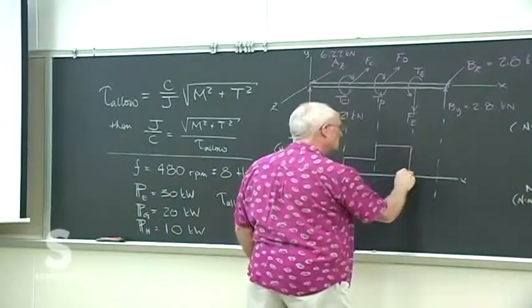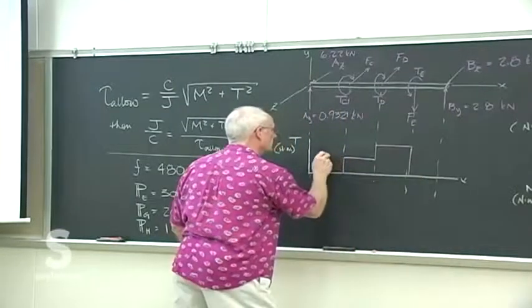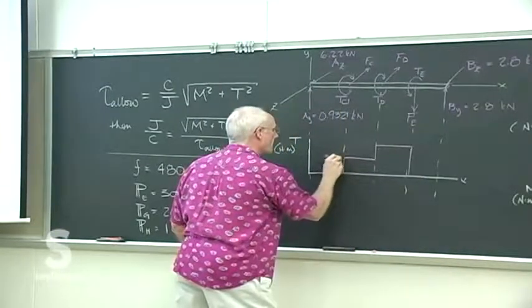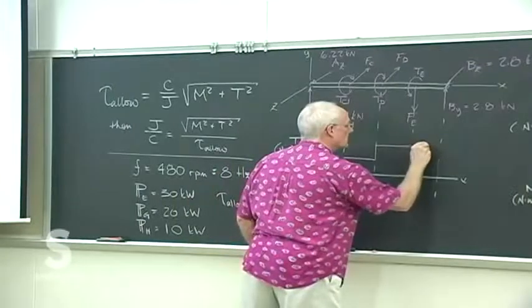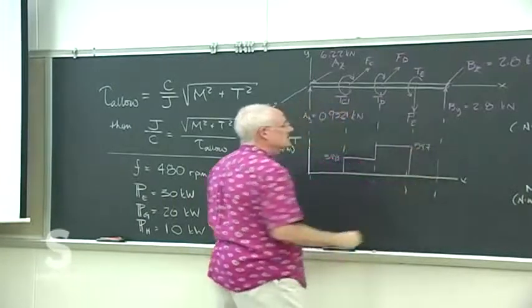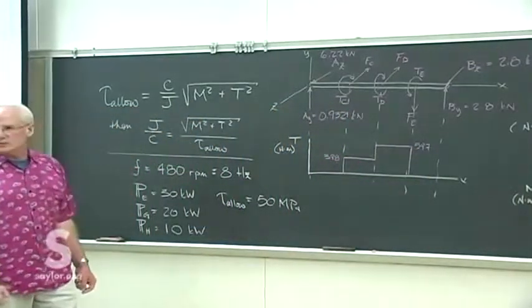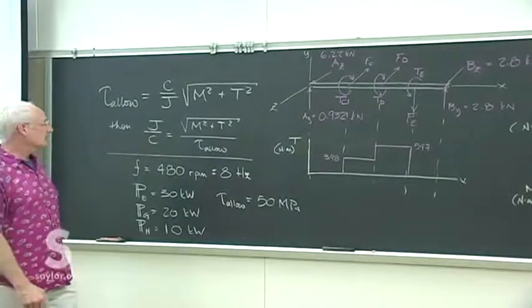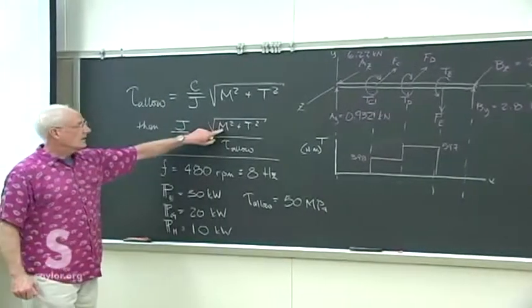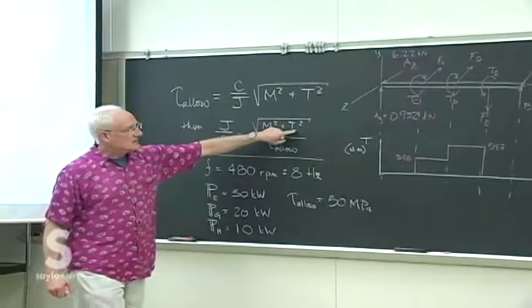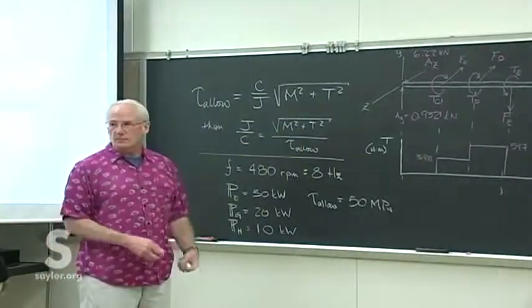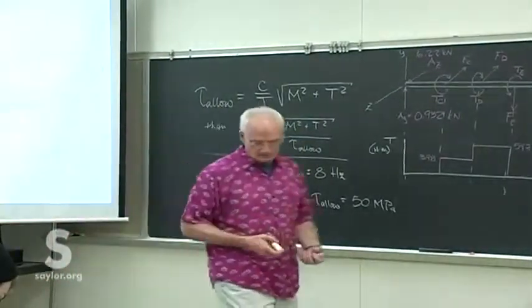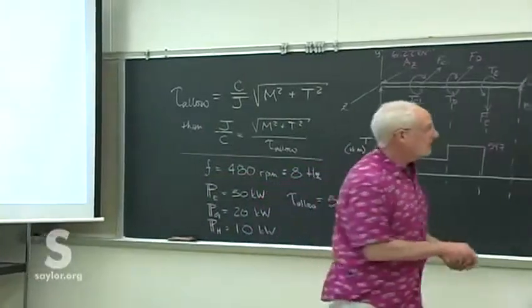And then it goes back down to 0 for the rest of the beam. So that allows us to look at where these worst case possible situations are, where the M and the T squared are the greatest maximum concern.